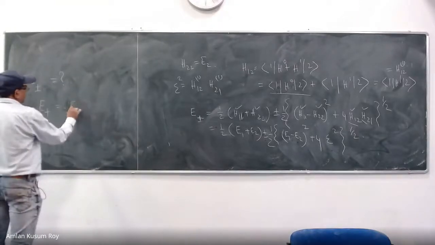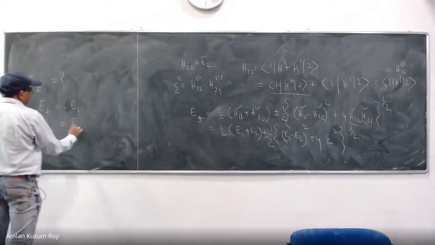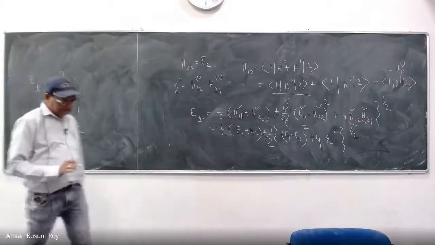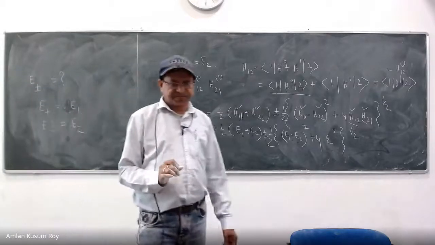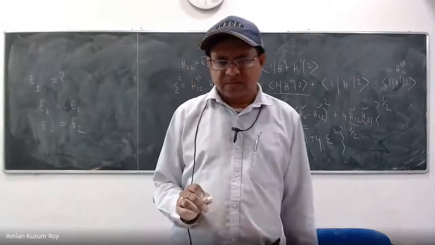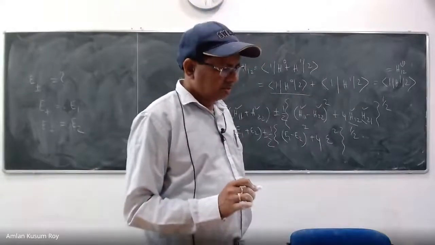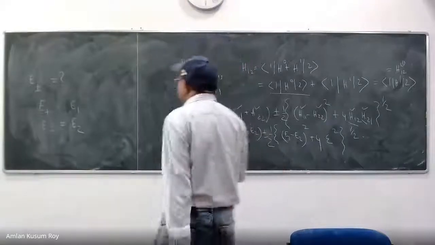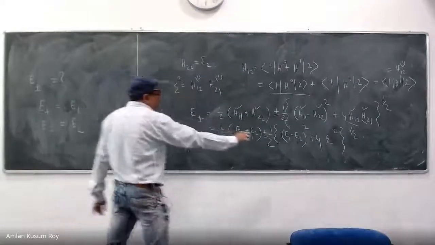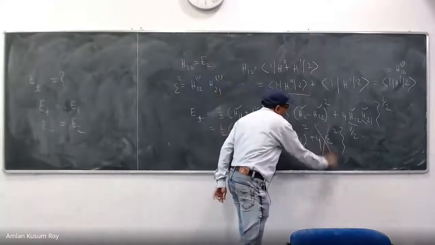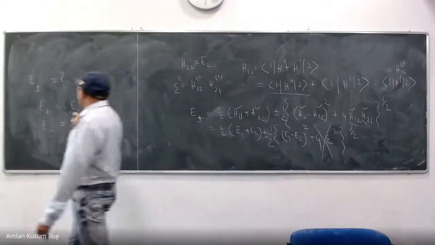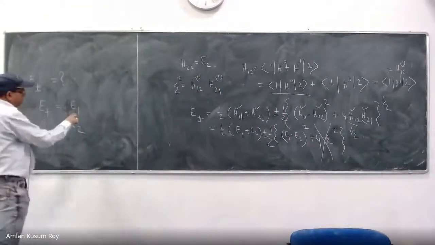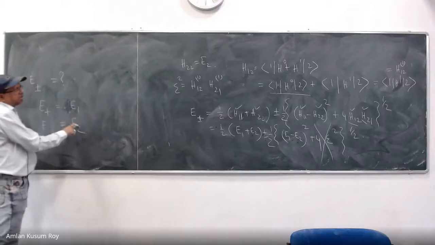Now you can see that it is actually E1 and this is actually E2. So if you remove the perturbation, your E plus and E minus correspond to the unperturbed energies E1 and E2, nothing but the unperturbed energies.